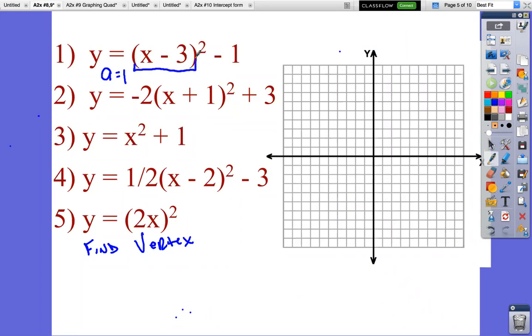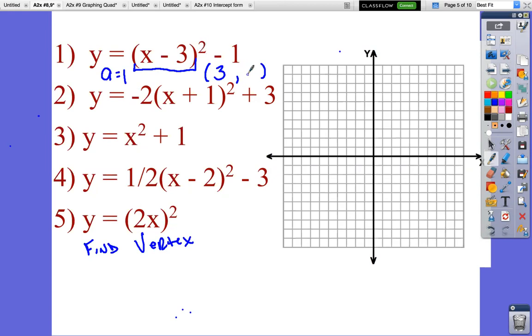Your H value or your X value for the vertex is going to be what? Is it +3 or -3? +3. It's always the opposite. Always, always, always the opposite of what's happening to X inside the quadratic.